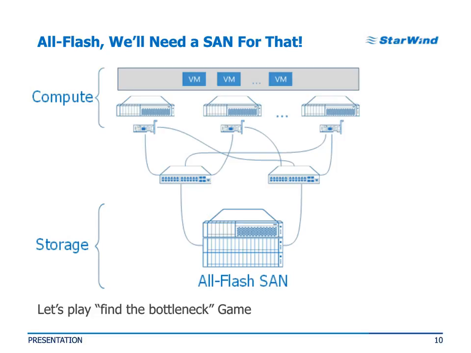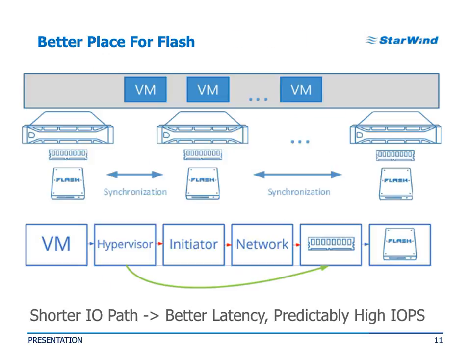And why do we deploy all flash? Because we want performance. And why do we add a fabric bottleneck here if we want better performance? So StarWind's answer is going with local flash instead of keeping flash consolidated in one array or set of arrays. And the main reason for that is latency.